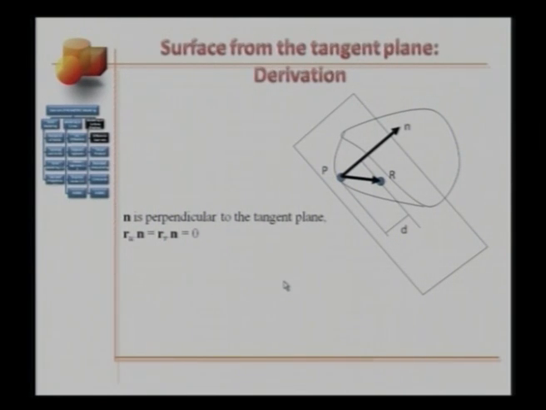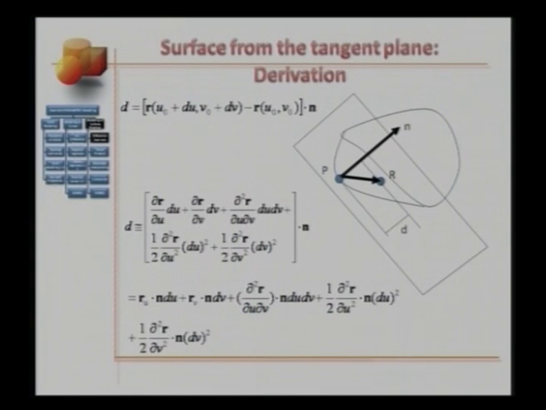Now you would note that n is perpendicular to the tangent plane, because of which r sub u dotted with n is 0, and also r sub v dotted with n is 0. Recall from before that the vectors r sub u and r sub v in fact define the tangent plane. So what will happen to this expression?